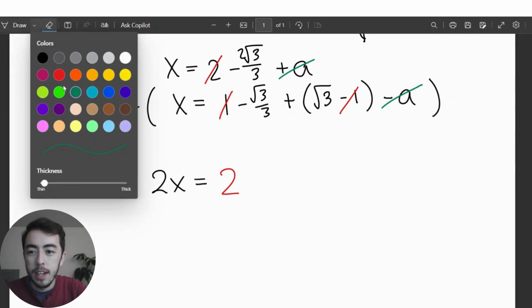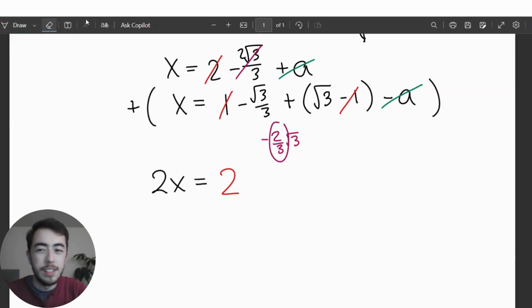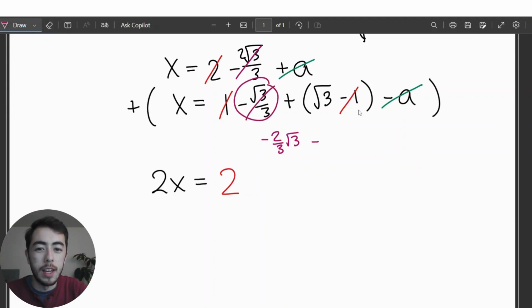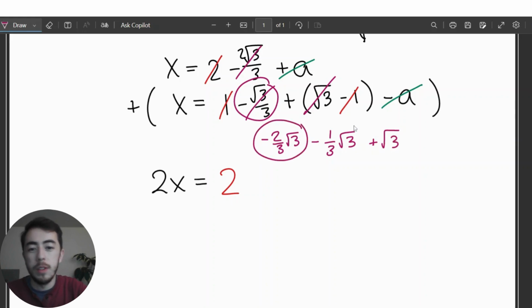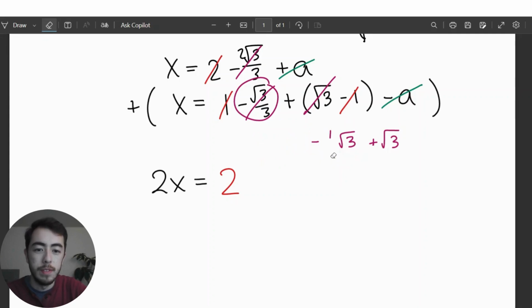And then lastly, I got to deal with these root 3's. Okay, I got a minus 2 root 3 over 3. And I'm writing it like this just because I noticed something. So I have a minus 2/3 root 3. And I'm going to call this one a minus 1/3 root 3. And then this one right here is a plus root 3. If I'm taking away 2/3 and 1/3 of a root 3, then altogether that's just a minus root 3.